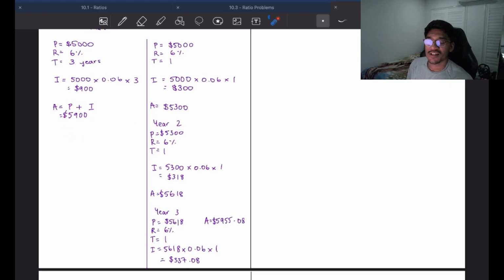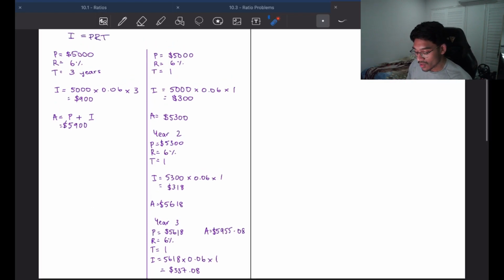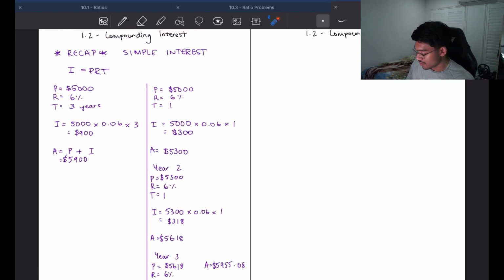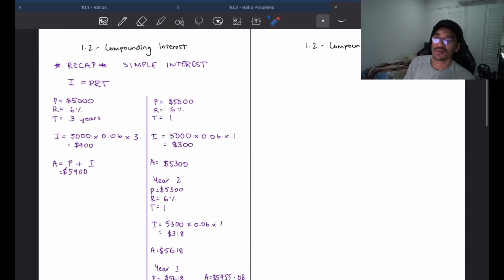This is kind of the idea behind compounding interest. This is more of a realistic thing when it comes to bank loans, home loans, car loans, also when you put money in the bank account. Our interest gets compounded, so not on our principal alone, but on our principal plus the interest. Compounding interest is essentially where instead of it just going on the principal, we earn interest on the interest we've already earned.